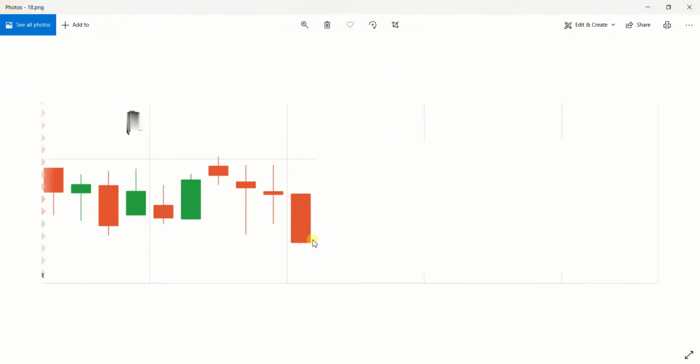We don't want to predict the market, so we need to wait still. But you can see the breakout was fake and the market reversed back again. So we need to wait for the market to give us a confirmation, then we can place our trade.